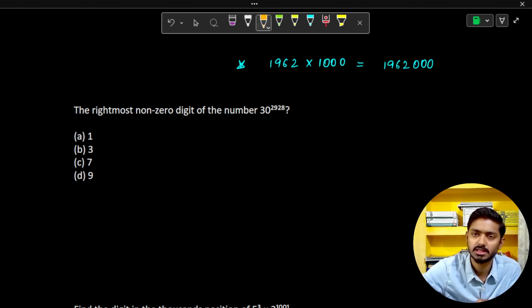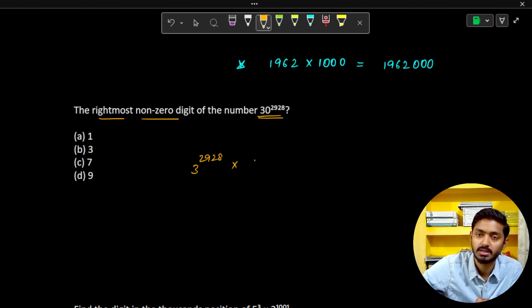Similarly, in this question, it says the rightmost non-zero digit of the number so and so. Shall we write 30 to the power 2928 as 3 to the power 2928 multiplied by 10 to the power 2928? Simple as that. Now, we are not going to talk about the 10 section because that would give us 0.